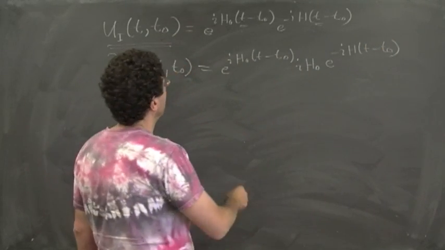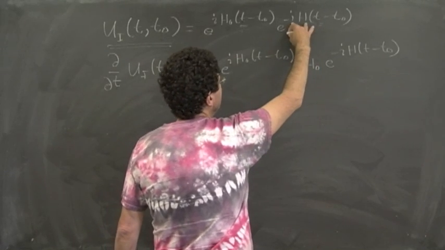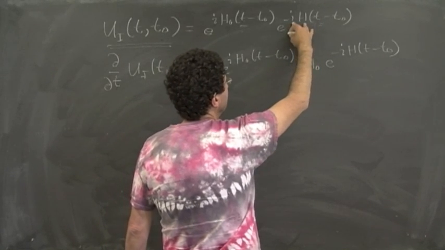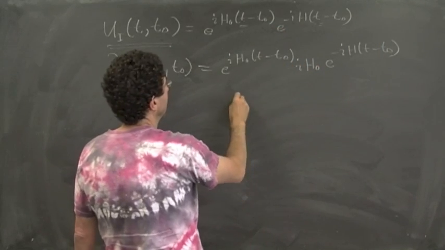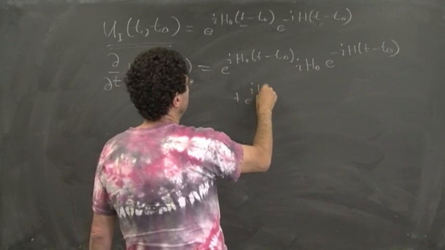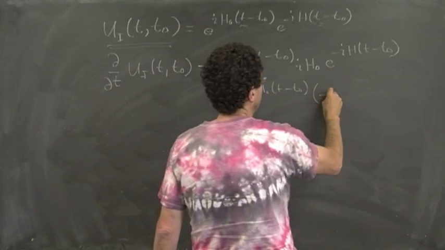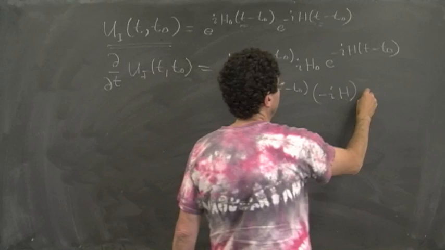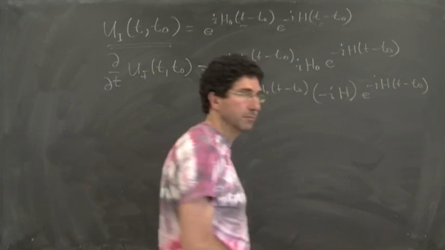Then I have a term where this time derivative hits this t, which gives me a factor of minus iH. I can put it on the left or on the right; I'm going to put it on the left. So I get e^{iH_0(t-t_0)}, this first term here, then I get a minus iH, which I'm putting on the left, e^{-iH(t-t_0)}.